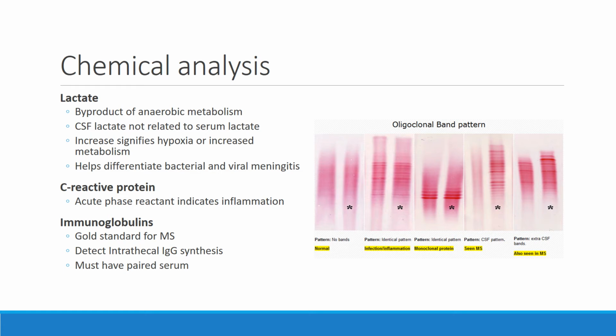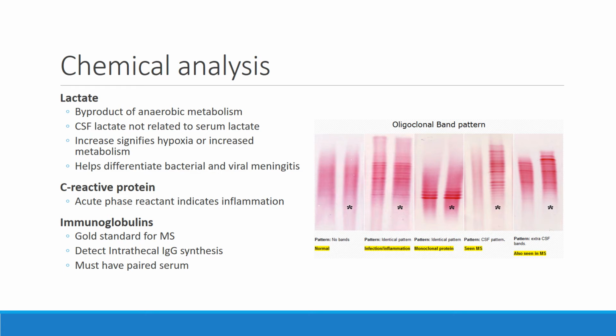Okay, so lactate, which I'm sure you know, is produced when lactic acid loses a proton from that carboxyl group during anaerobic metabolism. It's just a normal byproduct of anaerobic metabolism. This is not created in the same way that we would normally test for serum lactate levels.